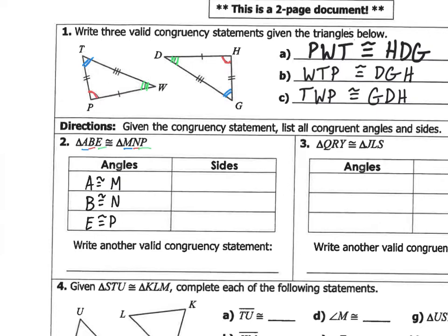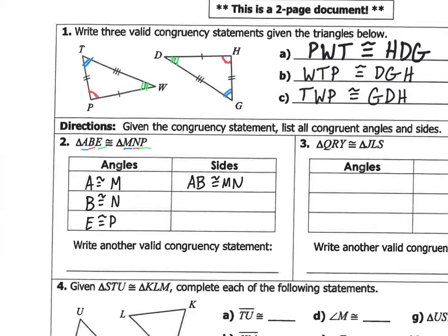So what would be the sides? What would be the sides of triangle, the first triangle? You would have side AB, right? What would be another side? Good. So that's equivalent to MN. Okay.